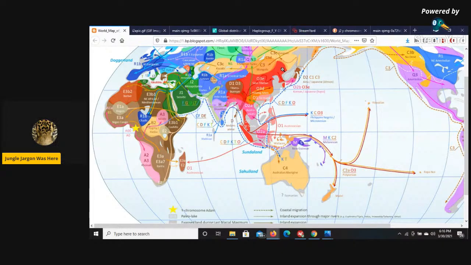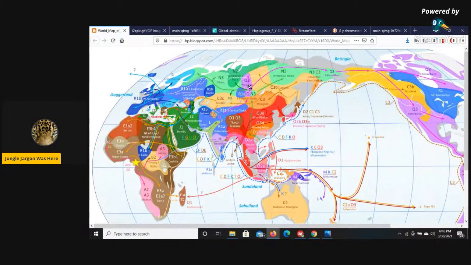Actually, this map is not as good. It's an older map. This is not the good map. So you have to go to Wikipedia to get the better map. So this map is revised.